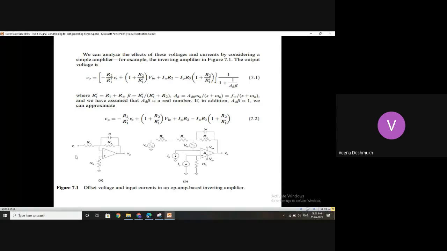It is a regular op-amp circuit with the inverting terminal getting the supply through R1, that is the input resistance, and R2 is the feedback resistance.